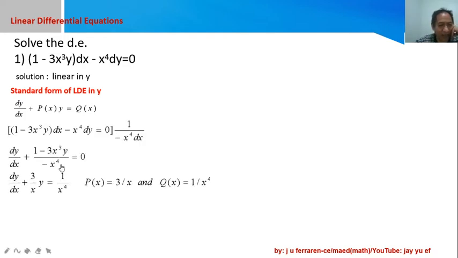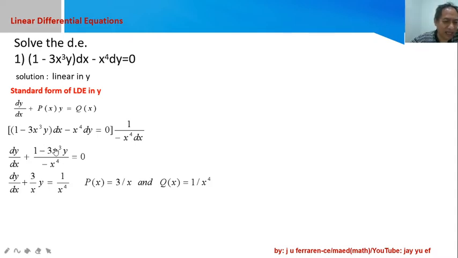Now I am providing x to the fourth power in the denominator and I have to let my dx be the denominator of dy. As a result, we have dy/dx plus the whole expression divided by negative x to the fourth power. Then I have to further rearrange. The next term is a term that contains y, which can be taken from the second term.